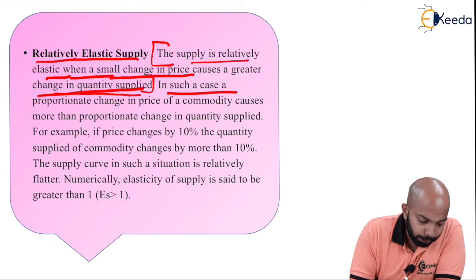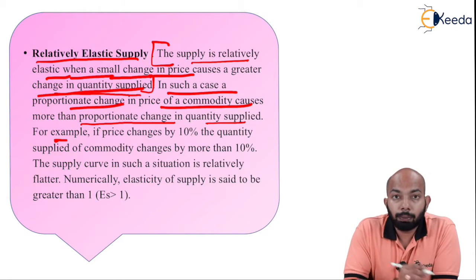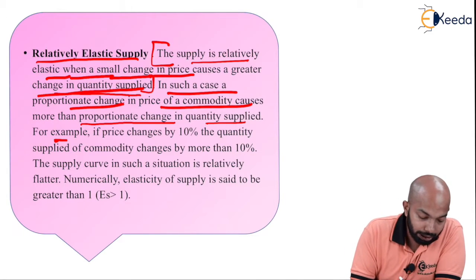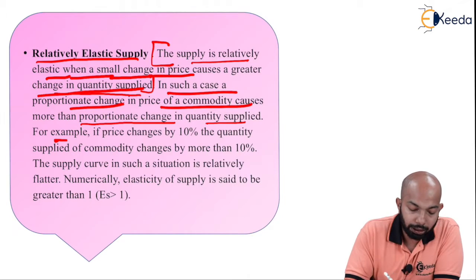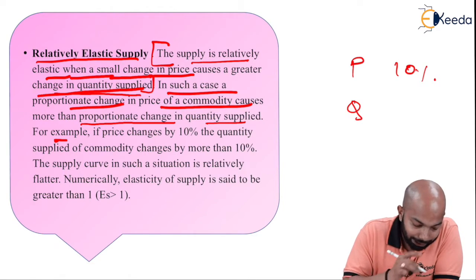In such a case, a proportionate change in the price of a commodity causes more than proportionate change in the quantity supplied. Proportionate change in the quantity here is more than the proportionate change in the price.